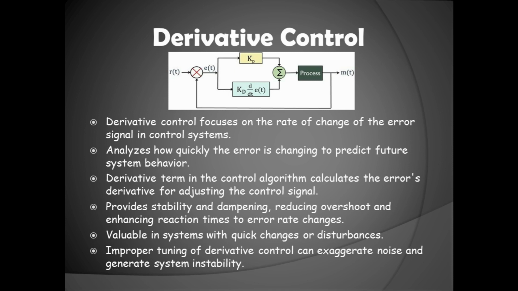The derivative action can be included into the control system to provide stability and dampening, lowering overshoot and enhancing reaction times to changes in the error rate. In systems with quick changes or disturbances, derivative control is invaluable. However, as useful as derivative control is, tuning it poorly can exaggerate noise or generate instability in the system.